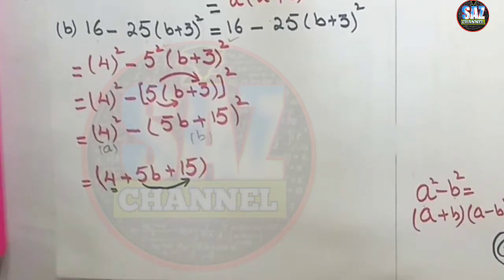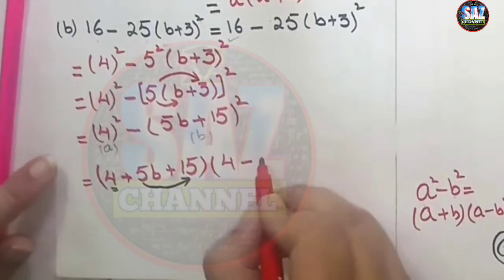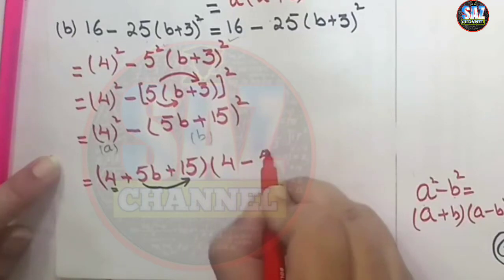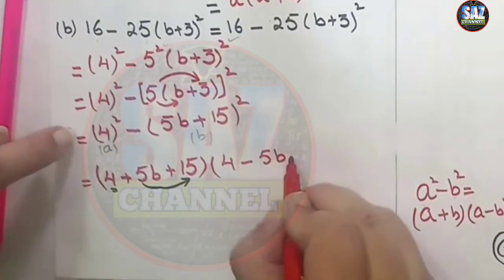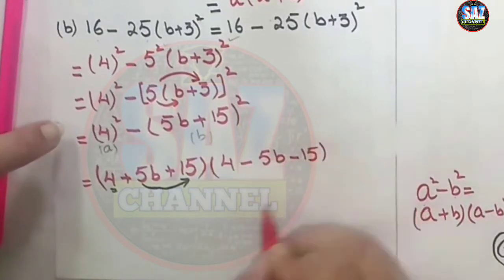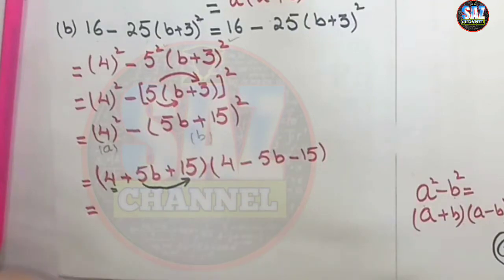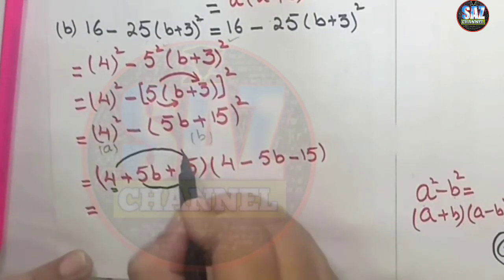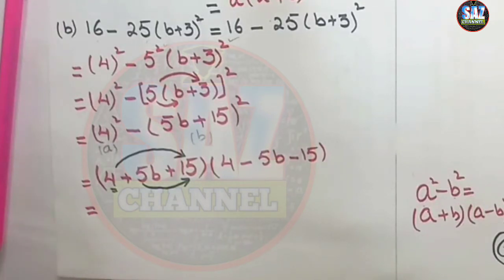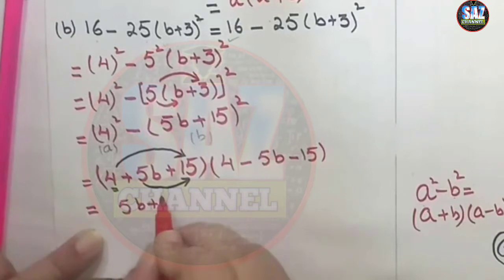And then a minus b, multiplied by 4 minus 5b minus 15, as both the terms are positive, so due to the negative sign they will become negative. Now you can see that I can add up 5 and 15. They are like terms. So it will become 5b plus 19.